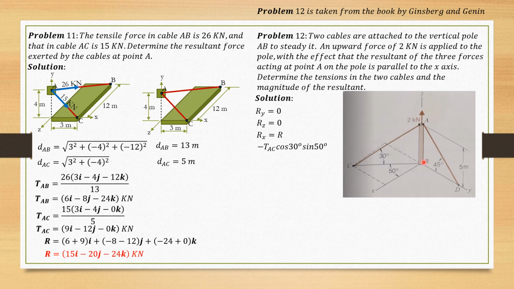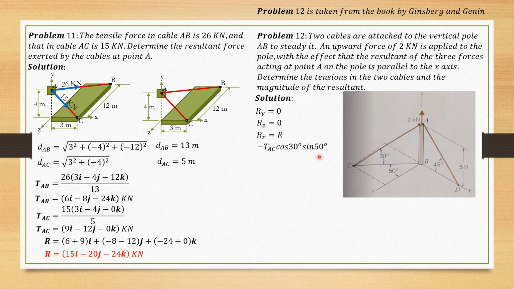So we treat that the negative direction as positive. So the y component of tension AD will be treated negative, or it is negative because this is negative direction. Negative tension AC times cosine 30 is this component. Then the y component is this projection here, so we multiply further this negative tension AC cosine 30 by sine of 50 degrees.